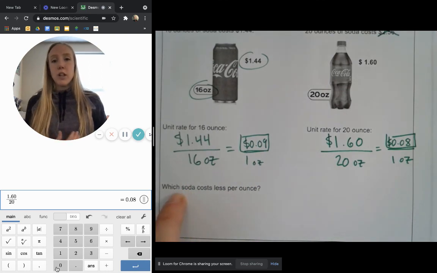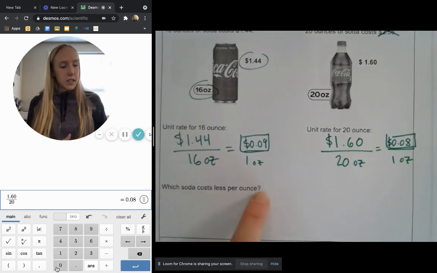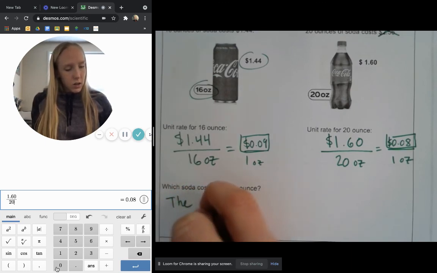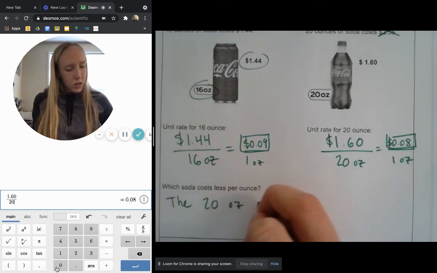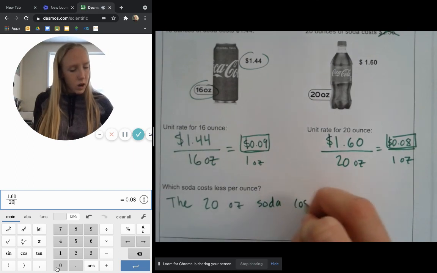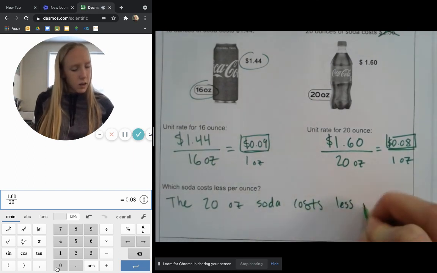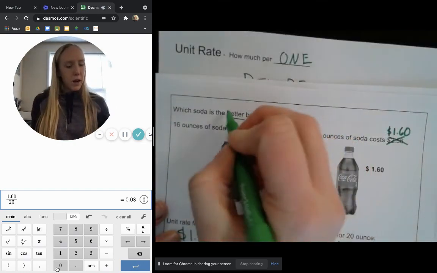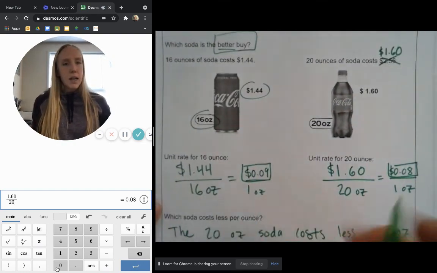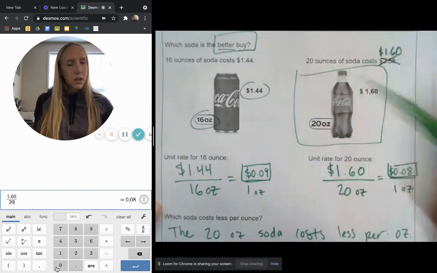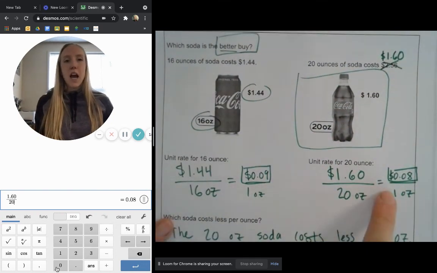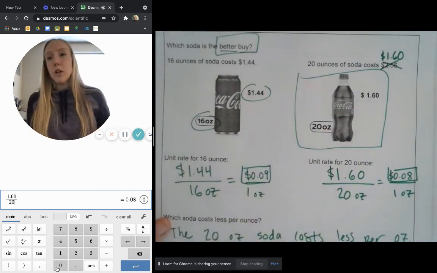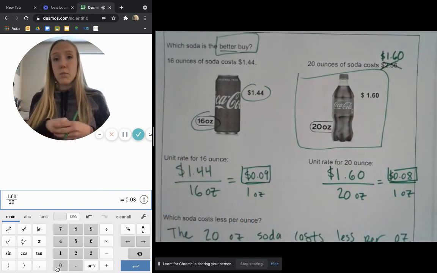So to answer the question, which soda costs less per ounce? The 20-ounce soda costs less per ounce. And so the better buy is definitely the 20-ounce soda because each ounce costs less. Even though you're paying more, you're getting more soda, and that soda costs less per ounce.